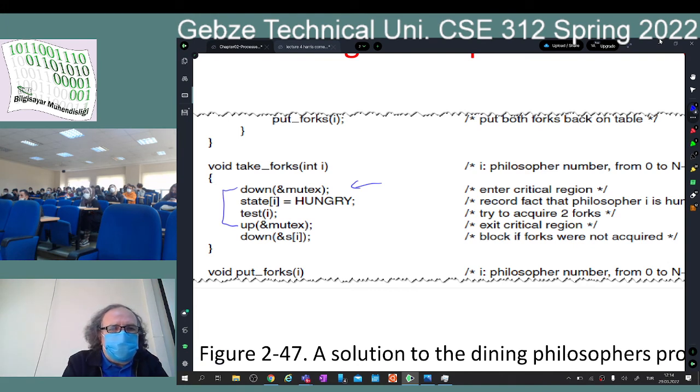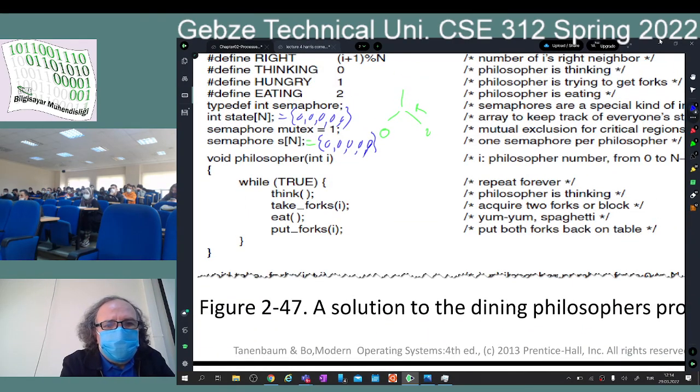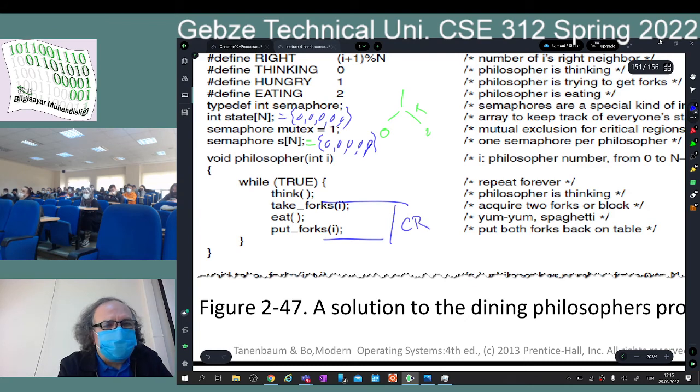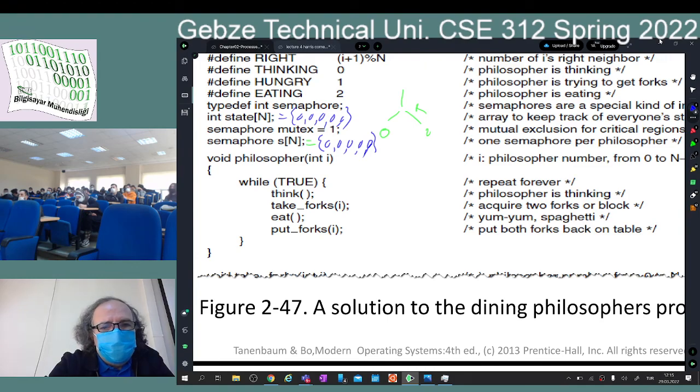So I am in the critical region. Note that I did not say down mutex here and up mutex here. This is not my critical region. This doesn't work because it makes it possible for only one of the philosophers to use the forks. Not good.